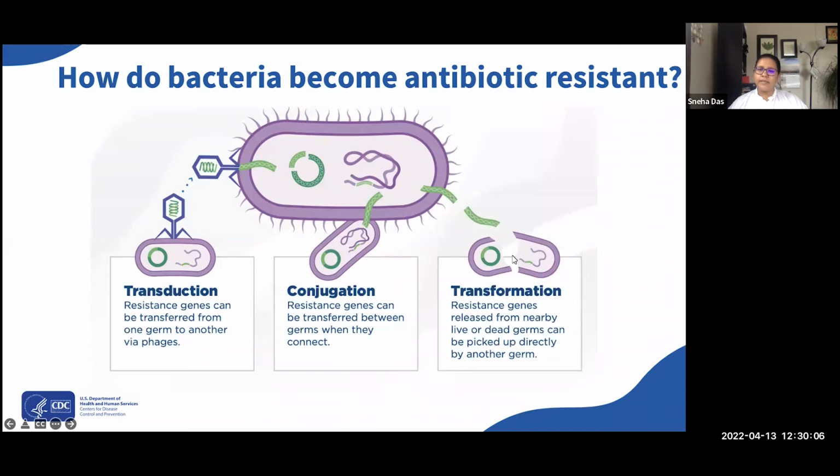And a third method can be transformation, where you have random DNA sequences in the environment. They can be there because some cell has died and now its DNA is out in the environment. And this other cell now picks up random sequences of DNA by the transformation process, and one of them could happen to have an antibiotic resistance gene.